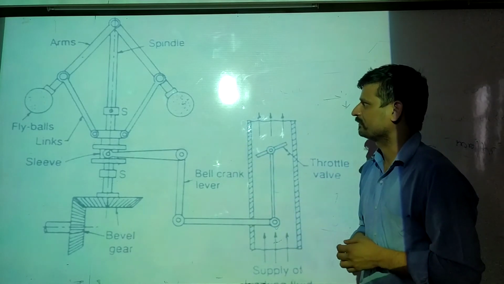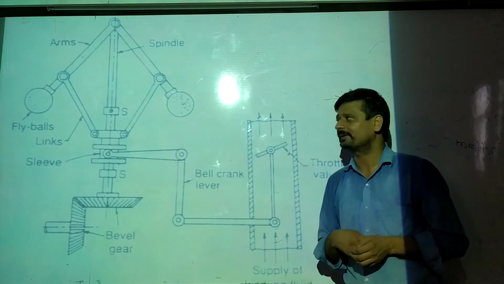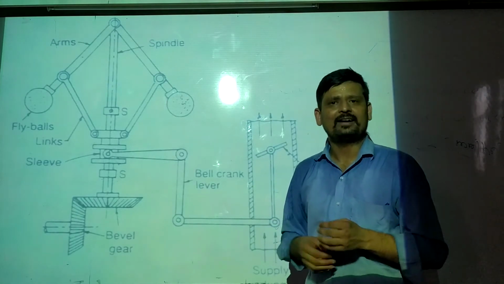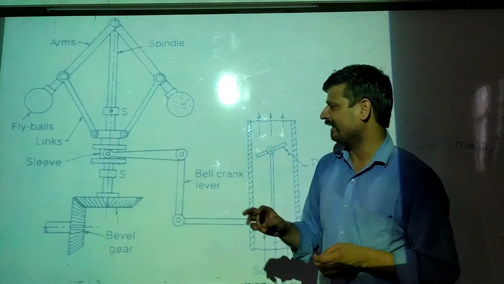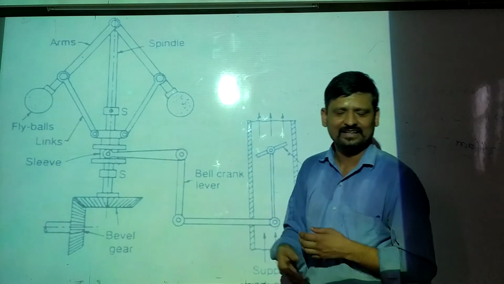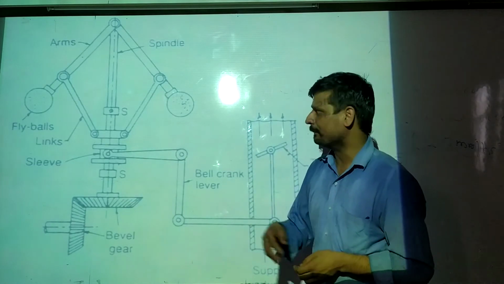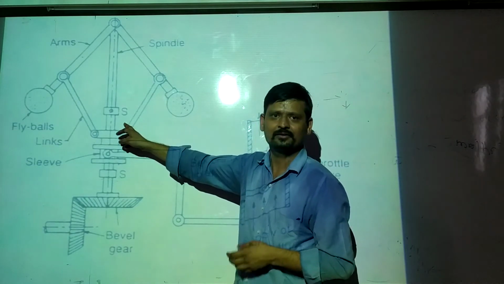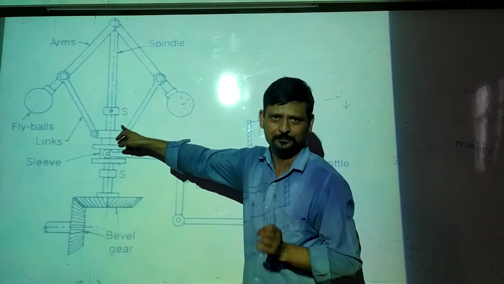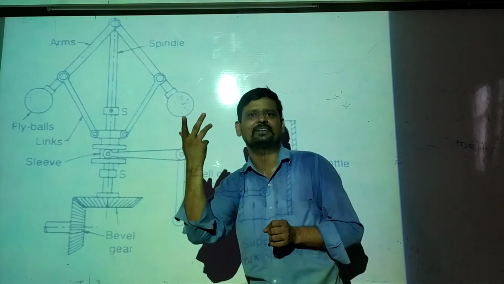Now come to the working. So in working, what happens when we start the engine and this bevel gear comes into action, means they start rotating. Then what happens? The spindle goes on increasing in speed, means its angular velocity gets increased.